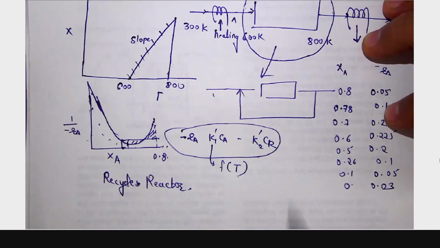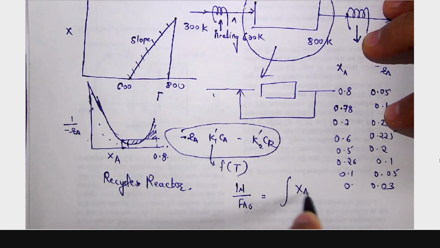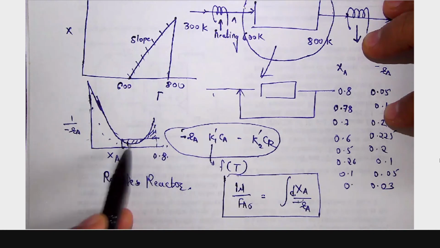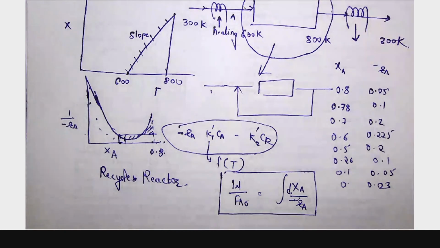And you know this equation, FA0 over W. Using this equation, you can get the area under the curve. For this one it is very straightforward, and you can get the value of the recycle also.